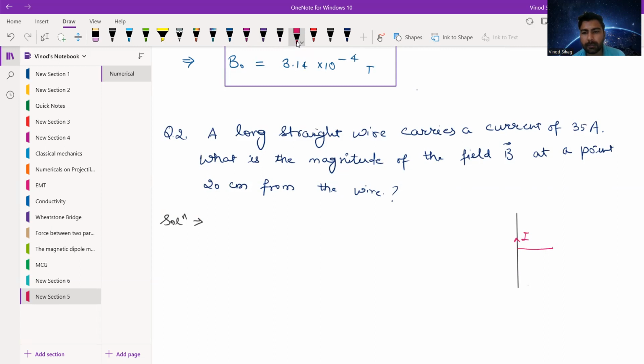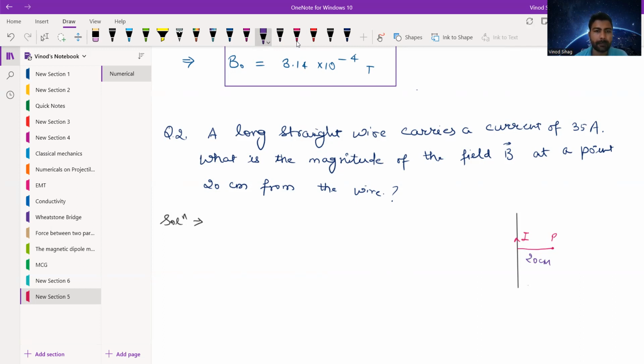Let's say that point is P and it is 20 centimeter away.